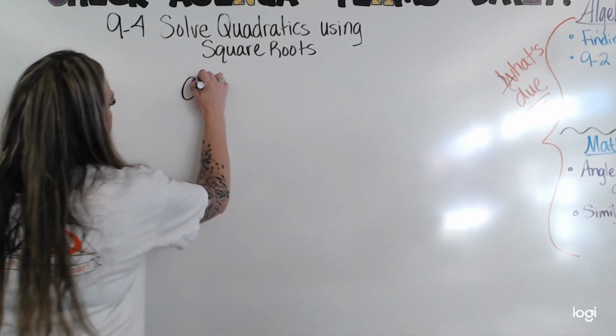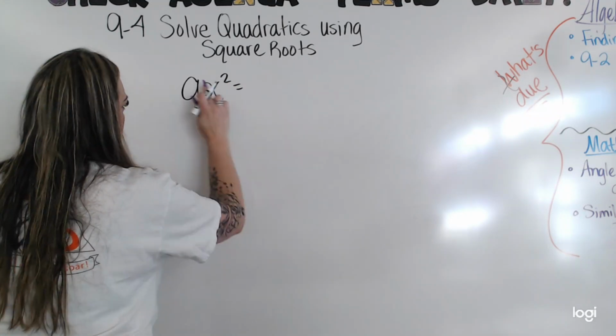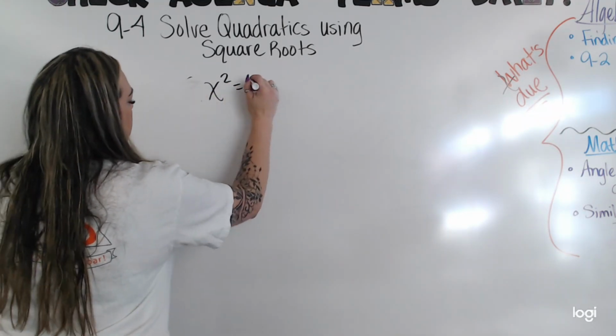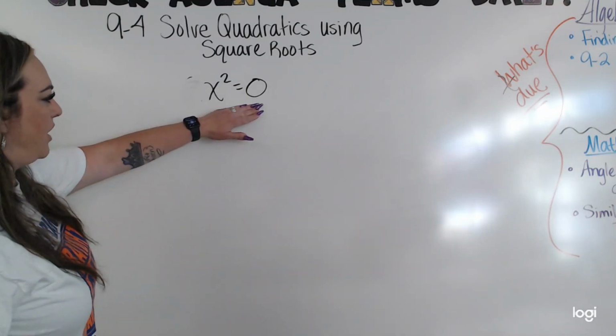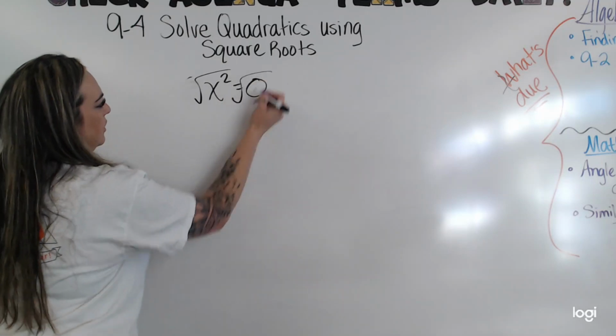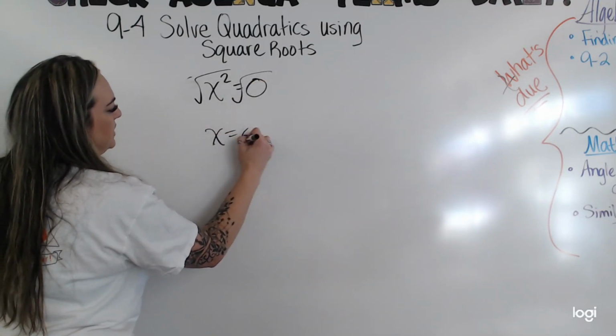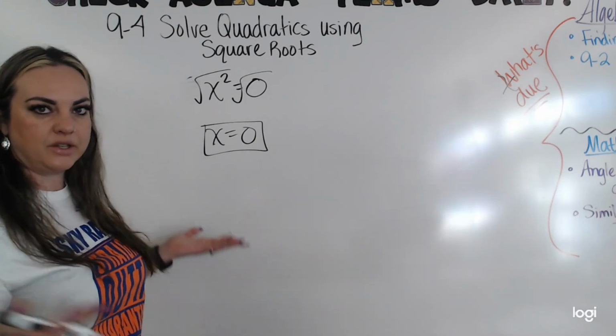So when our output equals 0, the only option would be to take the square root, which means x would equal 0, and there's only one solution because you can't have a positive and a negative 0.